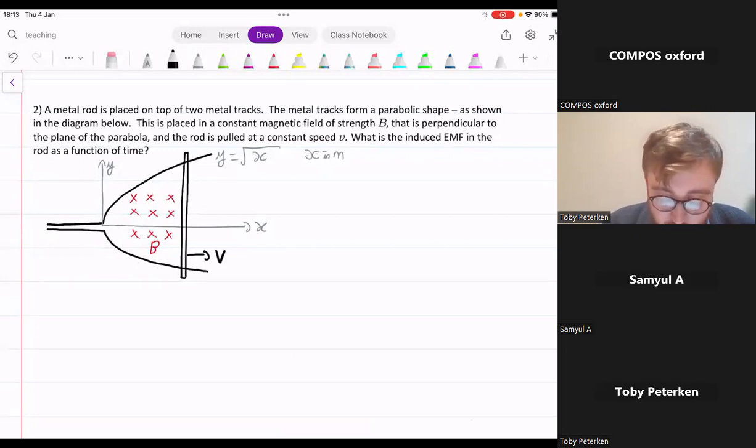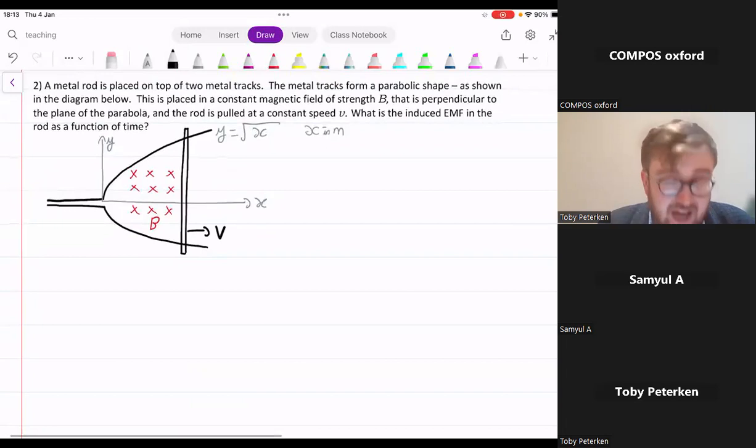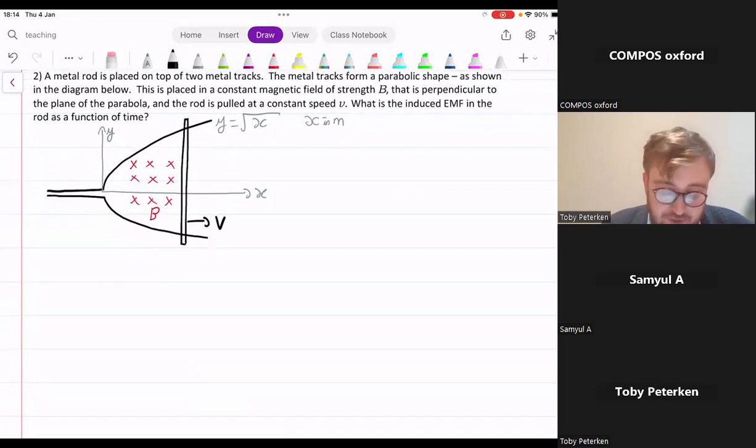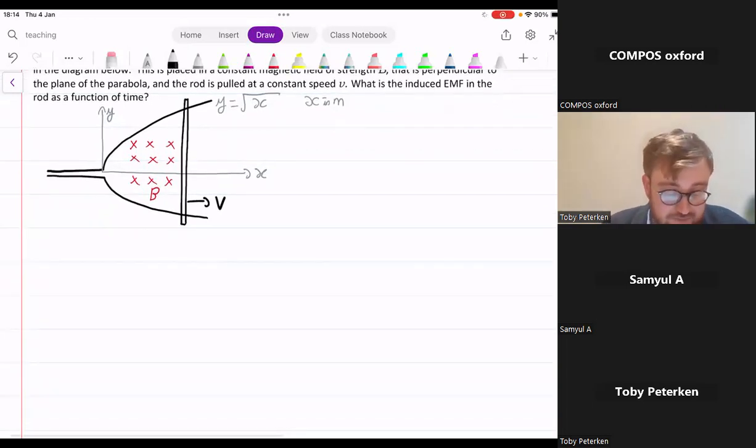This is placed in a constant magnetic field of field strength B that is perpendicular to the parabola. As I said, everything's going to be perpendicular, so we don't have to worry. And from the crosses, the magnetic field is pointing into the page. Then this rod is pulled at a speed v, and what is the induced EMF in the rod?